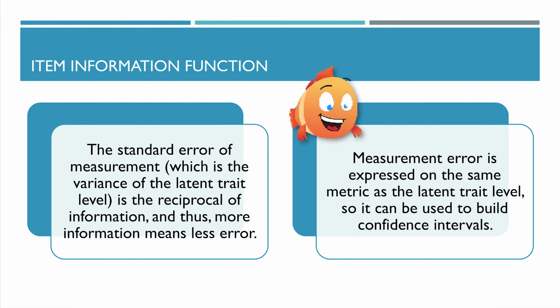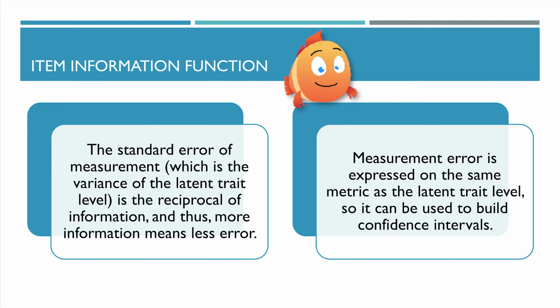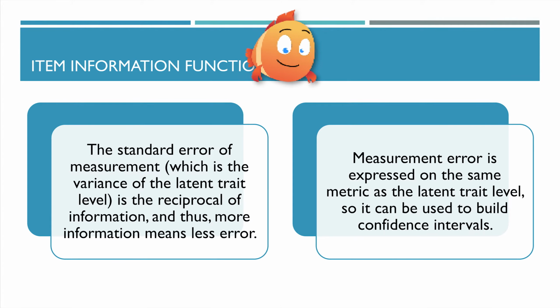Now, way back in the day, you may recall that we learned about a standard error of measurement. Well, it's back. Back again. But the standard error of measurement is the variance around the latent trait level. It's the reciprocal of information.